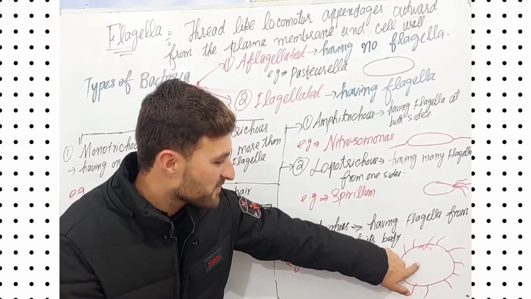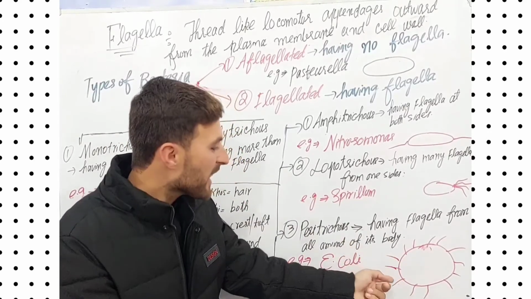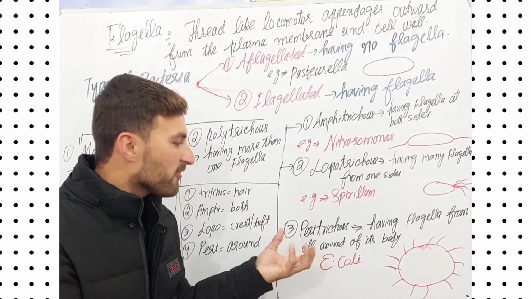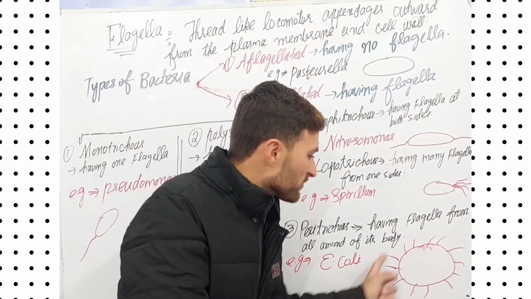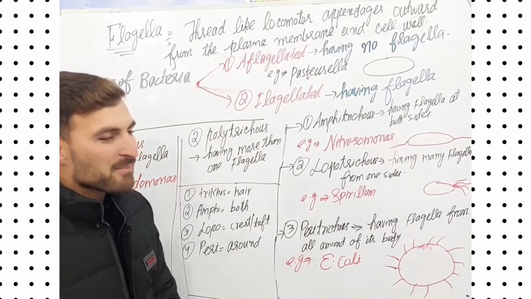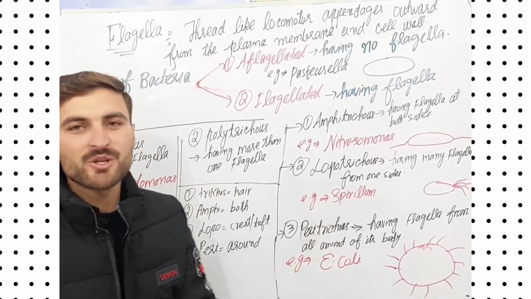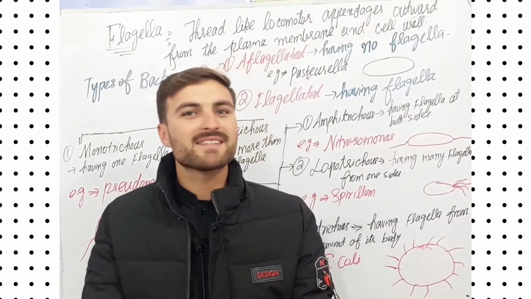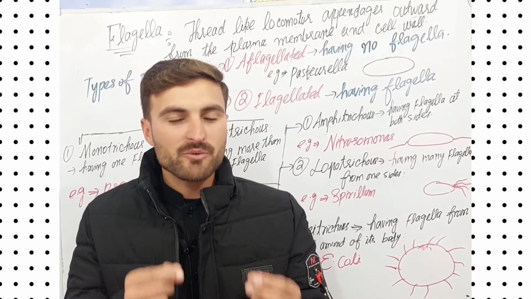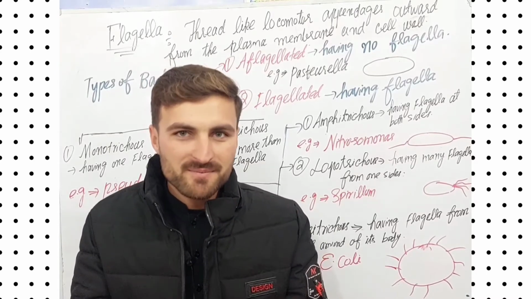Let's suppose this, it has no two ends. It has flagella from all around, as you see it. What will be the example of this? The example is E. coli.